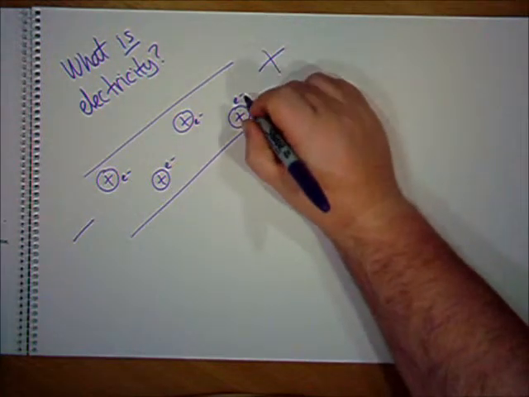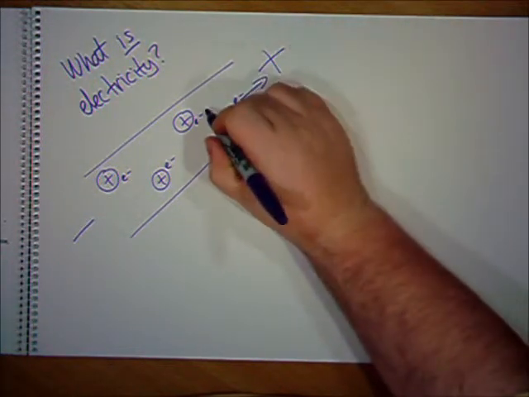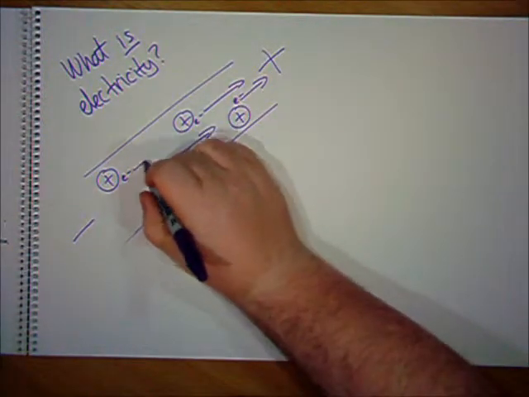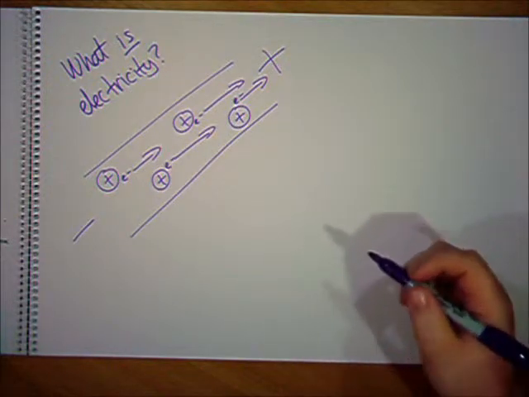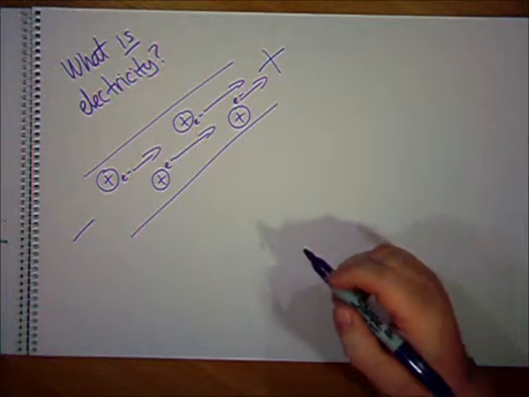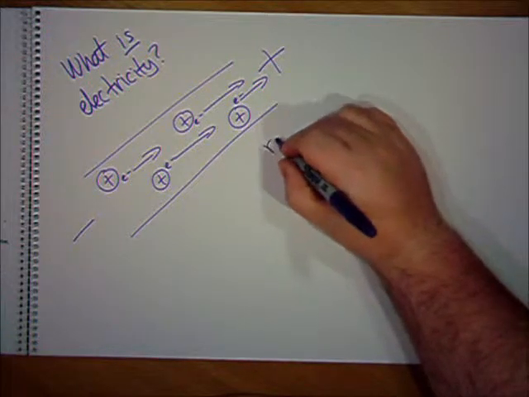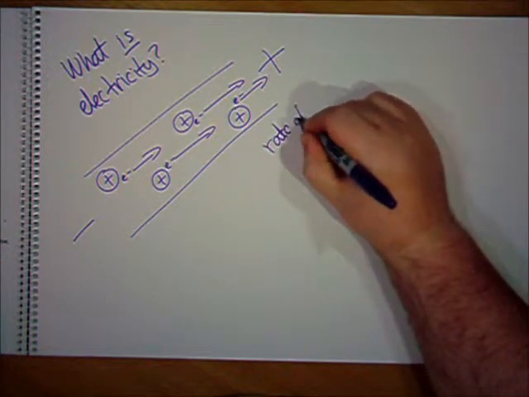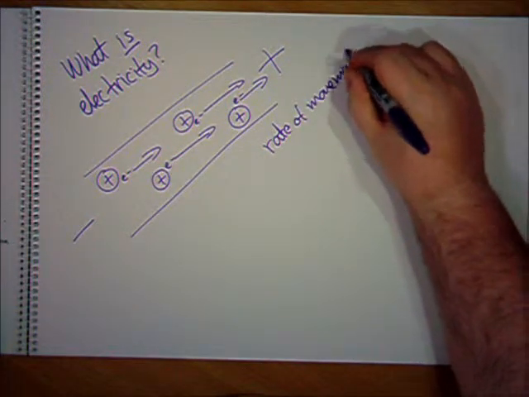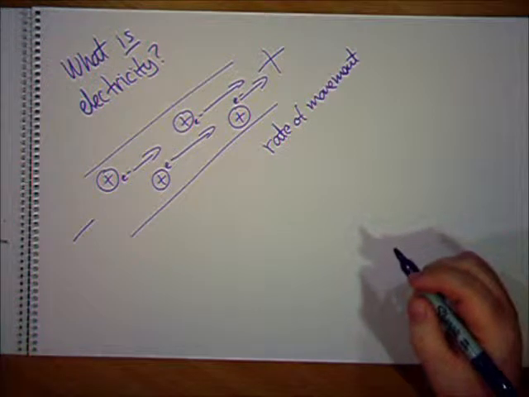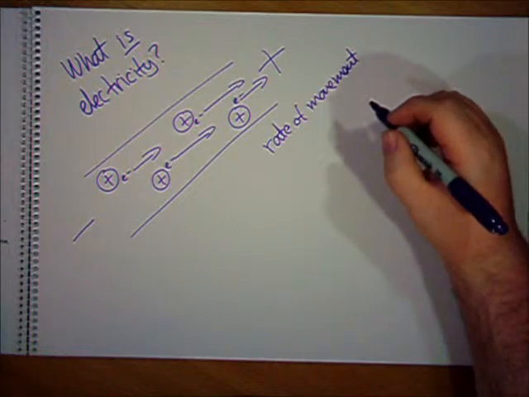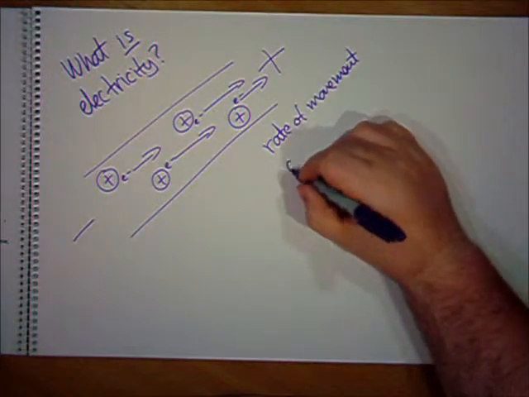So, those electrons will try to drift through the metal. Now, that electron drift can be measured. Okay? So if we measure the rate of movement, well, that's something we can measure. Great. We can also measure how much energy is carried.